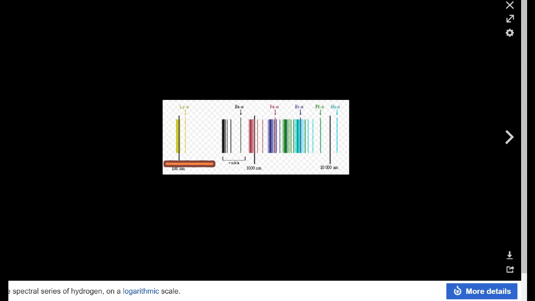These over here on the left, the yellow ones, those are electrons falling back down to the lowest orbit. Then you have these black ones here in the middle, underlined by visible. That's electrons falling down to the second orbit. These red lines are electrons falling down to the third, and so on. Okay? That's where the integers come from.